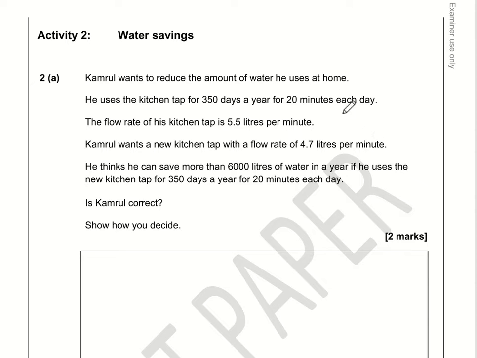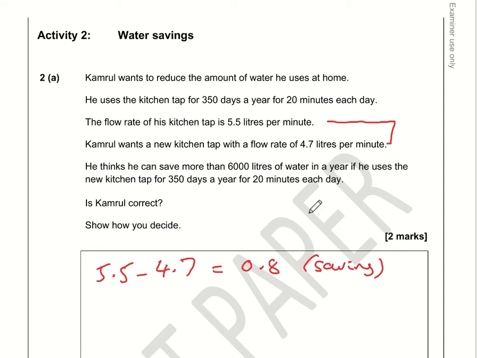There's a shortcut we can do here. First of all, what is the difference in the flow rate? He's going to be using 4.7 litres per minute instead of 5.5. So 5.5 take away 4.7 is 0.8. That is the saving in litres per minute.